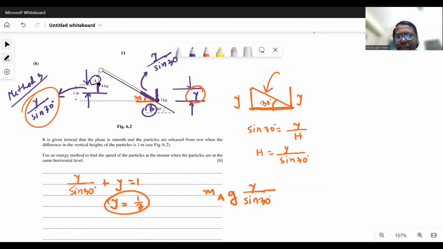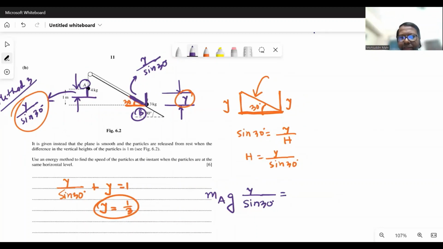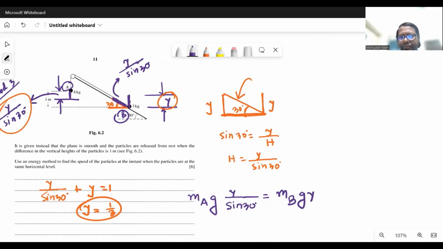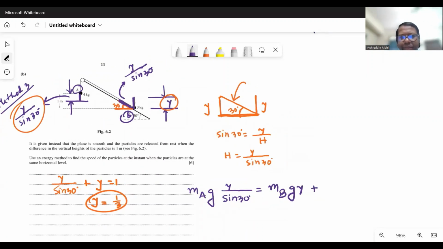Loss of gravitational potential energy by A, minus gain in potential energy by B, equals gain in kinetic energy by both the objects, so half (ma plus mb) v squared.